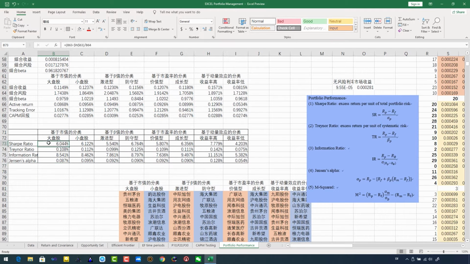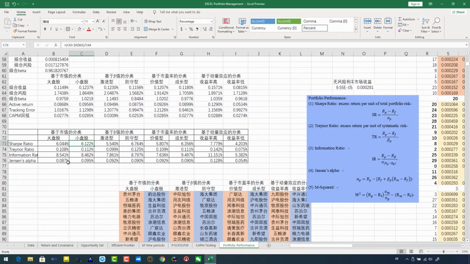Based on the Sharpe ratio, in this market cap category, definitely the small cap works better than big cap. Based on the Treynor ratio it is the same, but the information ratio in the big cap is better than the small cap.